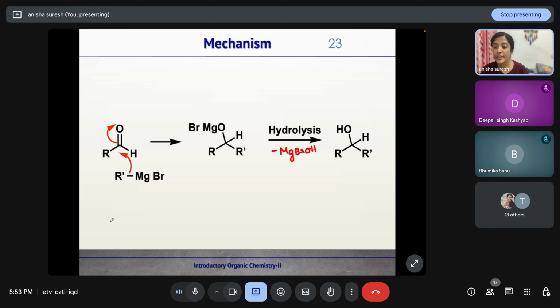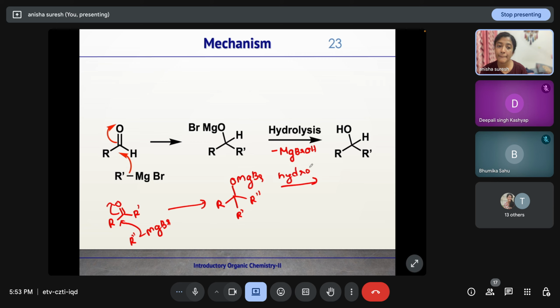Okay, so if we have a ketone in place of aldehydes, then Grignard can add in this fashion, resulting in the formation of ROMgBr, R dash, R double dash, and this upon hydrolysis will result in the formation of tertiary alcohols.